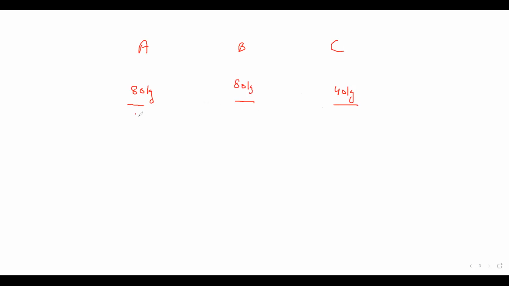I divide all of them by 40, because 40 is a common number. So this will come out as 2, this will come out as 2, and this will be 1. So the relative mass is 2, 2, and 1, whereas the actual mass is 80, 80, and 40. Is it clear? This is the concept of relative mass, or the comparative mass.